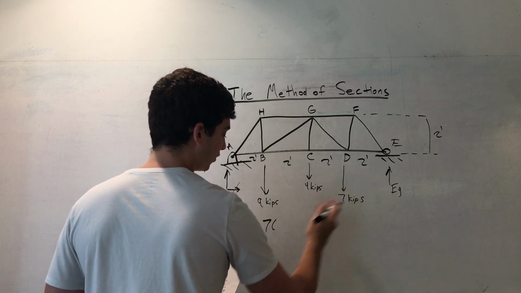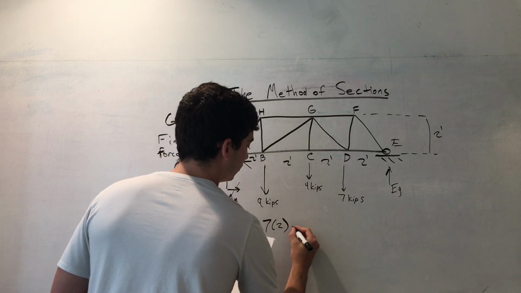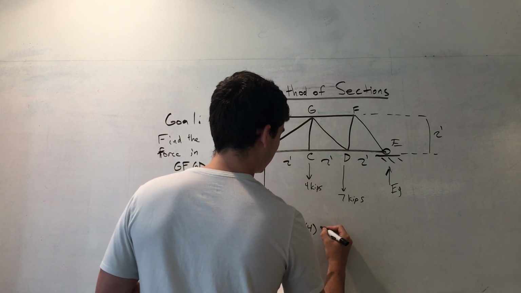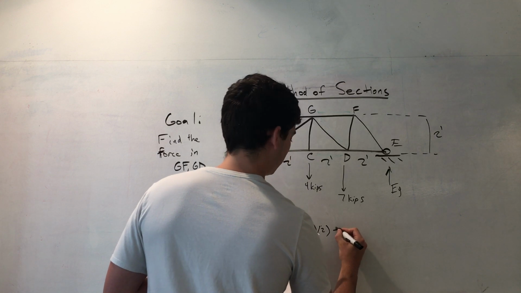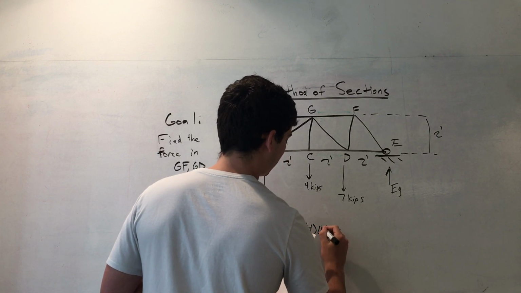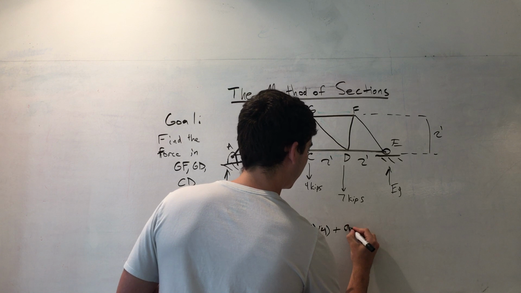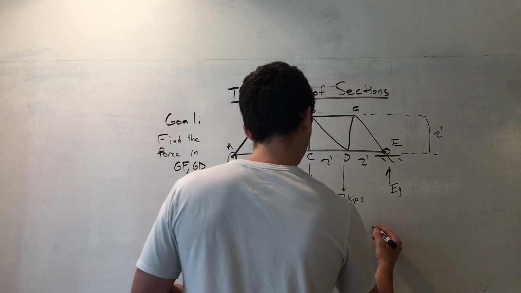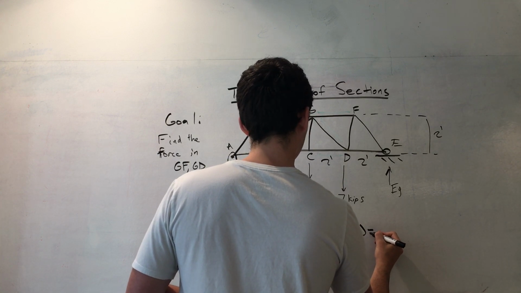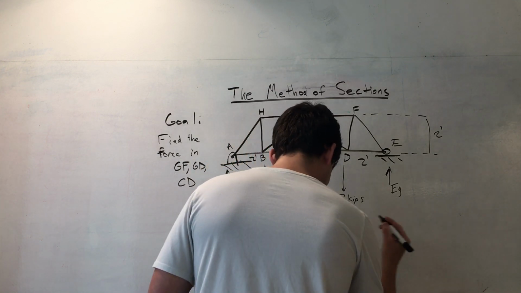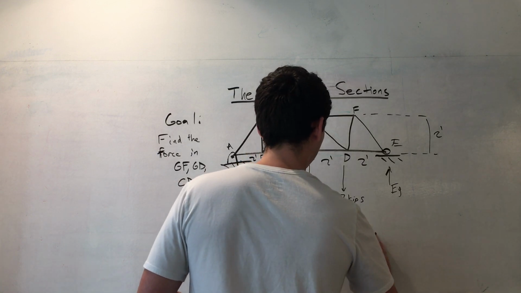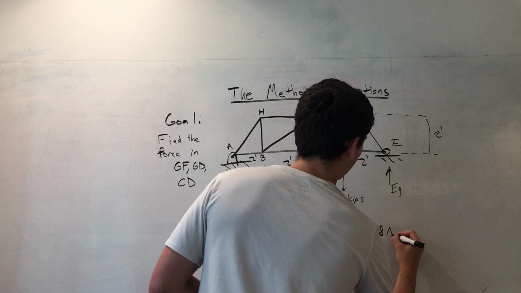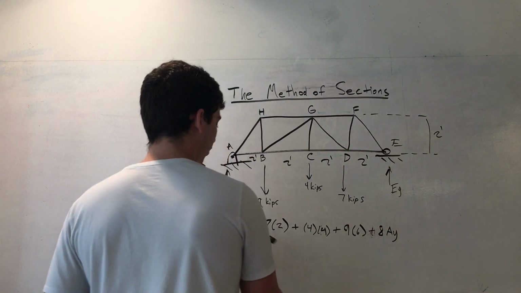So we have 7 going down times 2, plus the 4 times 4, my bad, plus 9 times 6, and then plus 8 AY. So all this is equal to 0.